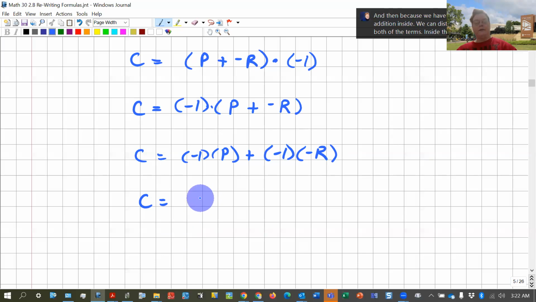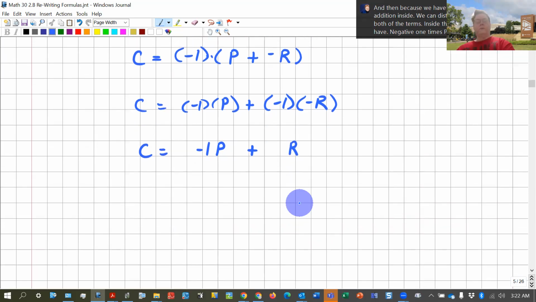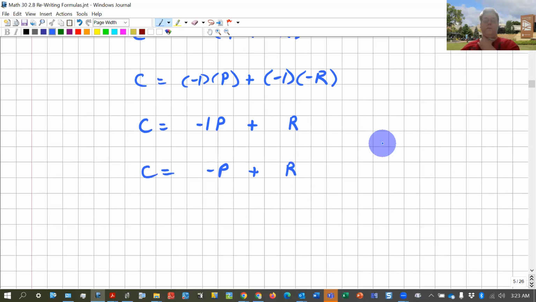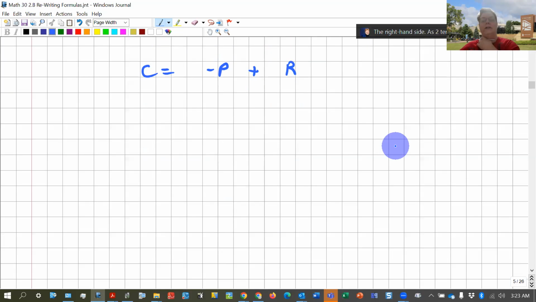And now we have -1 times P plus +1 times R. In other words, we have the opposite of P plus R on the right-hand side. The right-hand side has two terms being added.